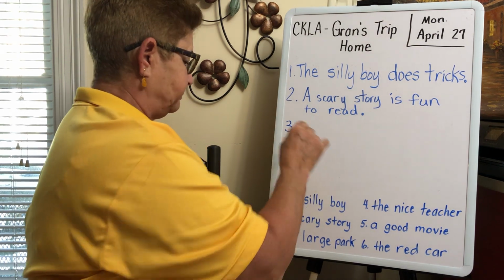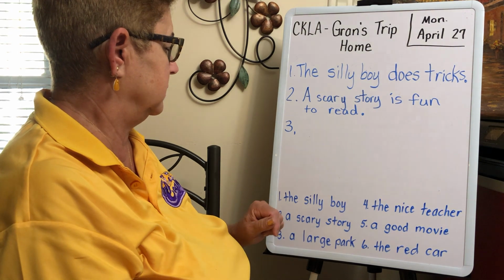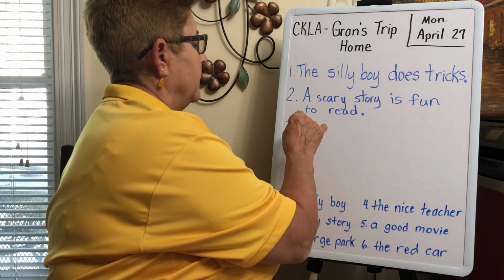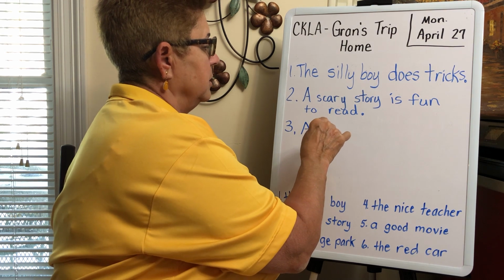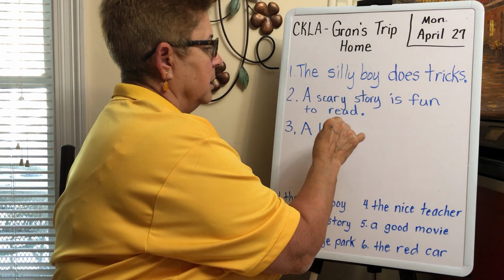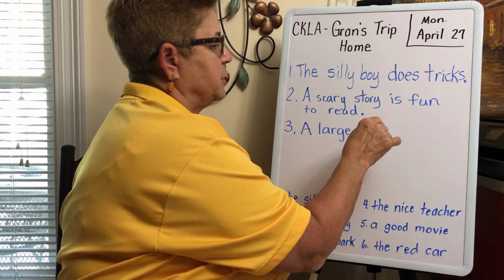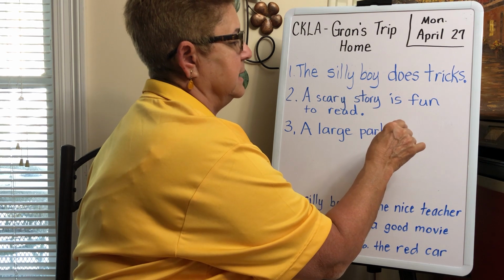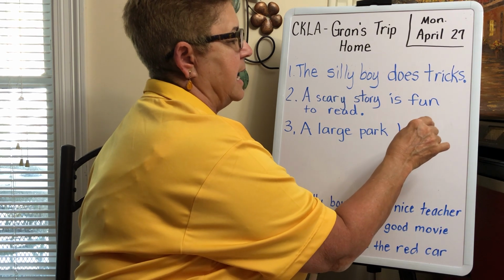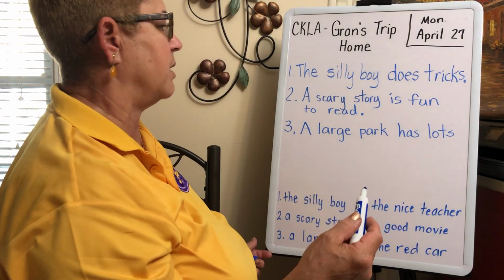Number 3, a large park. A large park. What would a large park have in it? A large park has lots, and all of these are words that we can spell and write down.